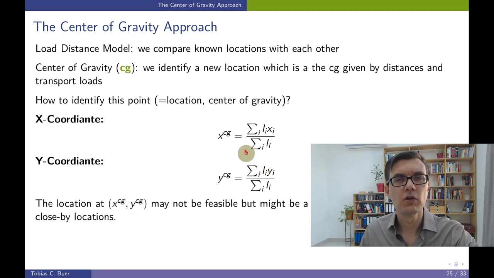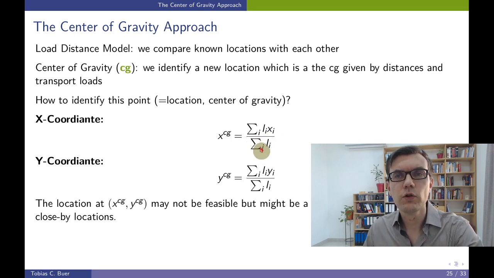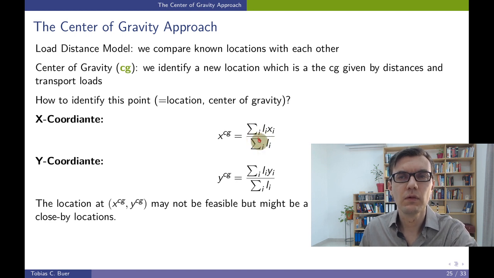So let me make one remark on the notation. First of all, you see that I used the abbreviated, the short notation for the summation. That's clear because we are looking at all our customers. What might confuse you when you deal with this type of notation? Now I chose as the index I again, but this time I represents all our existing customers, all our existing locations.